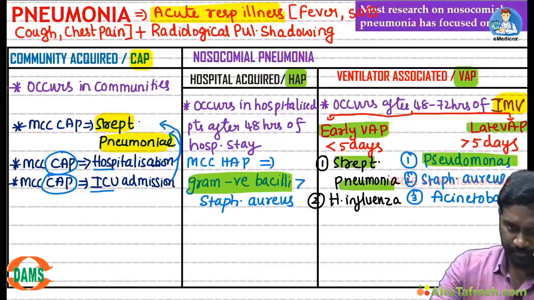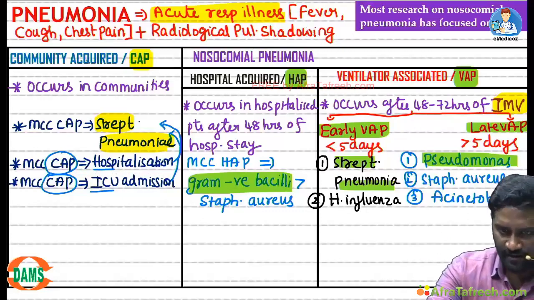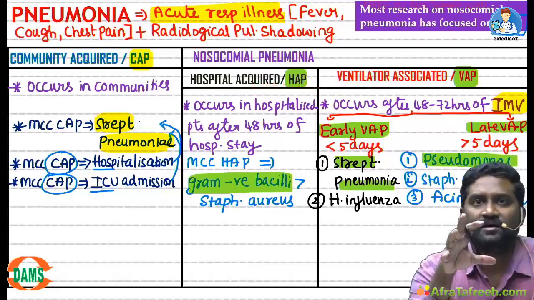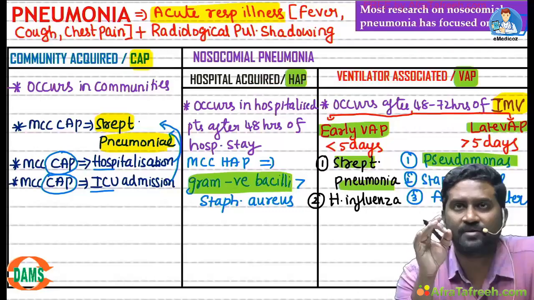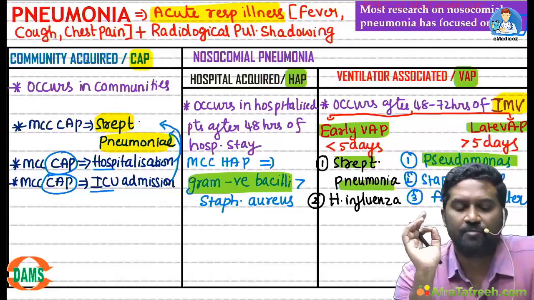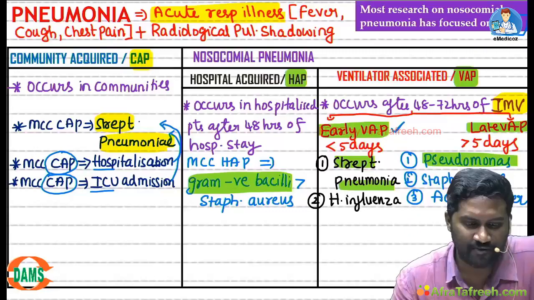Then most research on nosocomial pneumonia was actually focused on ventilator associated pneumonia. Most of the data regarding nosocomial pneumonia is on ventilator associated pneumonia. So if they just mention most common cause of early nosocomial pneumonia, it is nothing but early VAP.